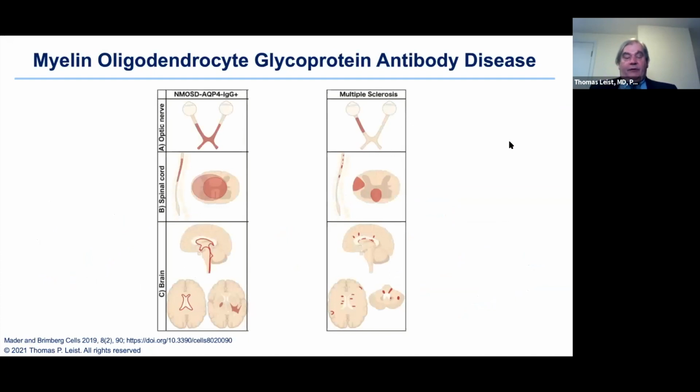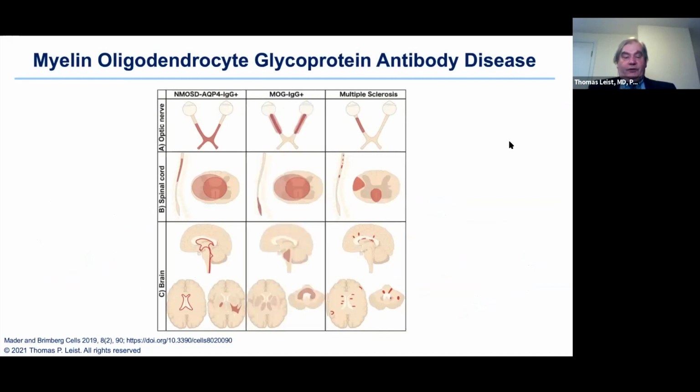So, as I mentioned, with the discovery of the aquaporin 4 antibody, with the discovery that there are people that are negative, we now have a third companion over here. We have the MOG IgG or MOG antibody disease. In a way, MOG antibody disease is kind of in the middle between MS in the presentation and neuromyelitis optica.